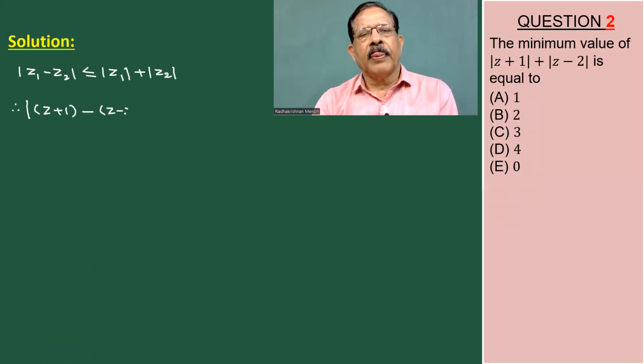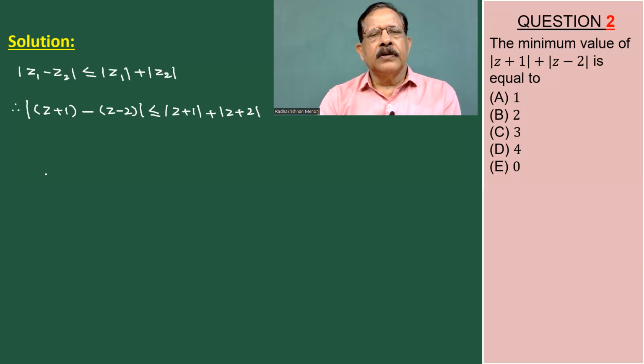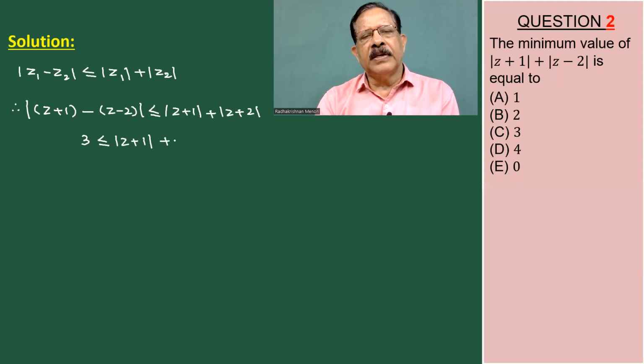On the RHS, we have mod (z plus 1) plus mod (z minus 2). On the LHS, we have got 3, which is less than or equal to mod (z plus 1) plus mod (z minus 2).